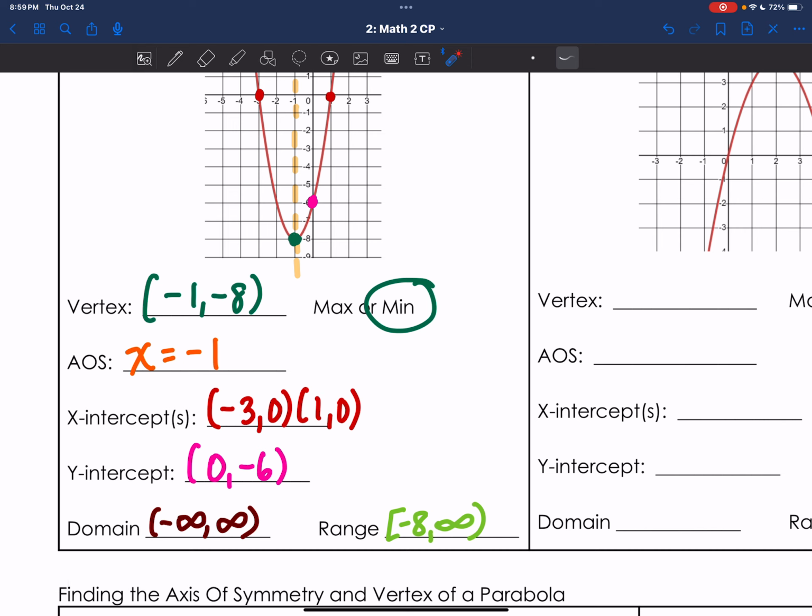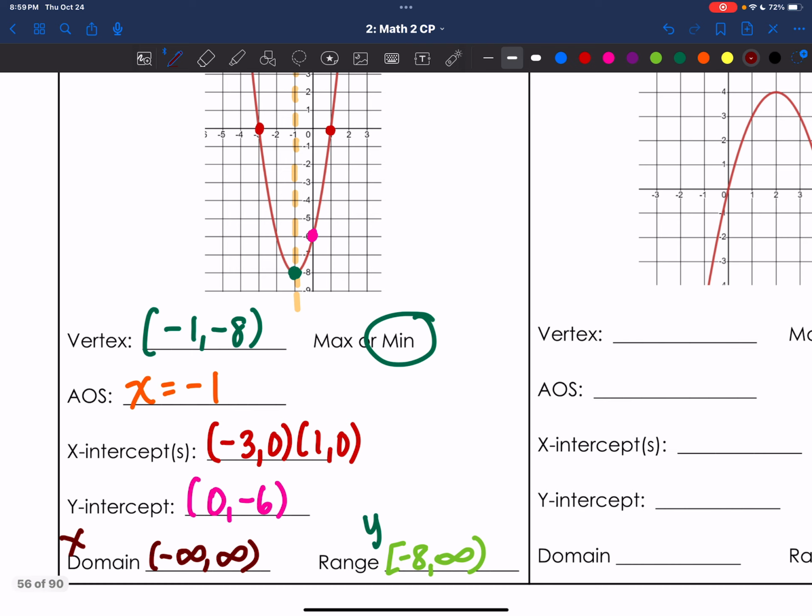Now your range, you're going to look at your y. Or I shouldn't say y-axis, excuse me. Just look at your y. And then your domain, you're looking at your x's. All right, so for the range, we're looking here.